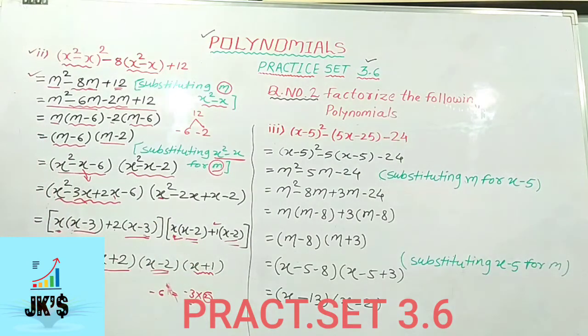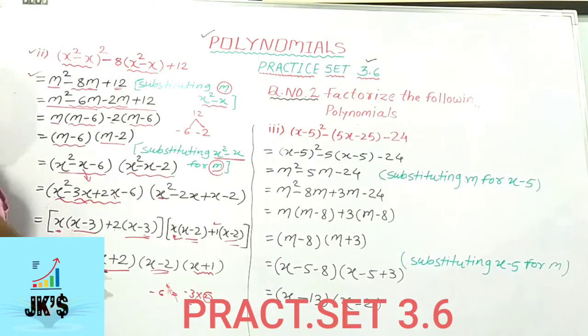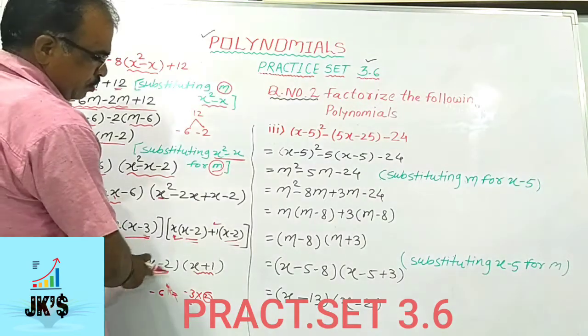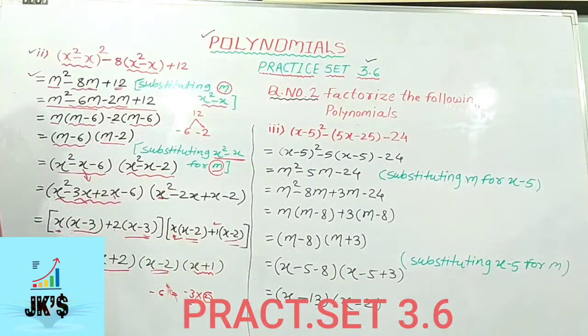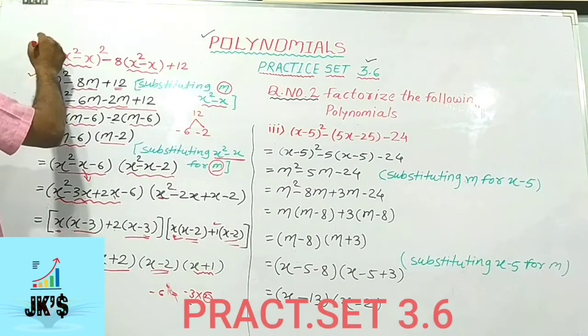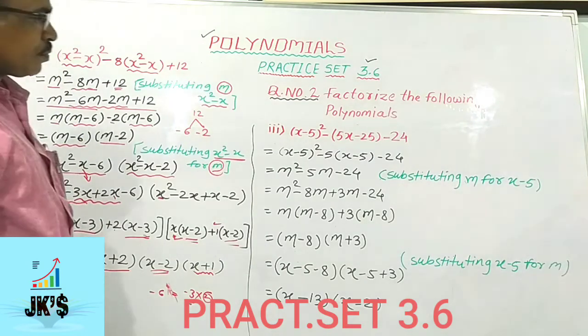In this way, the factors of our given polynomial are (x − 3), (x + 2), (x − 2), (x + 1).